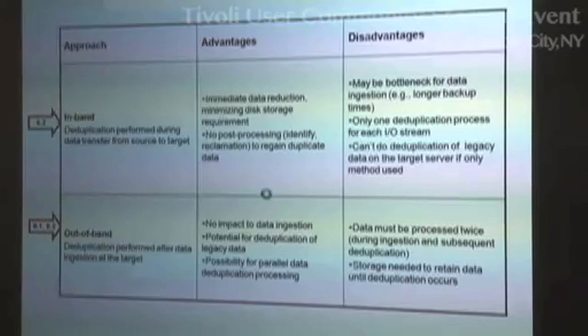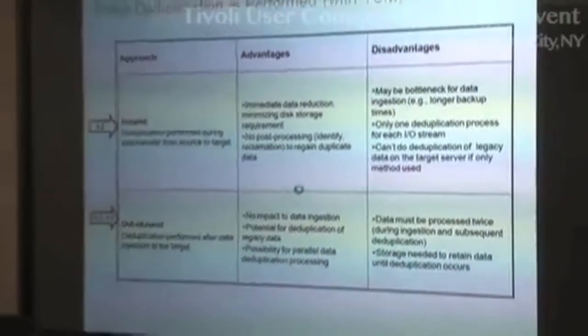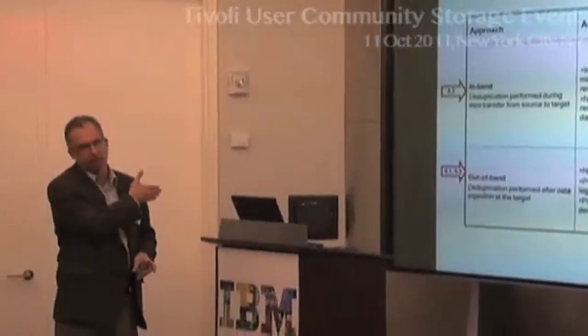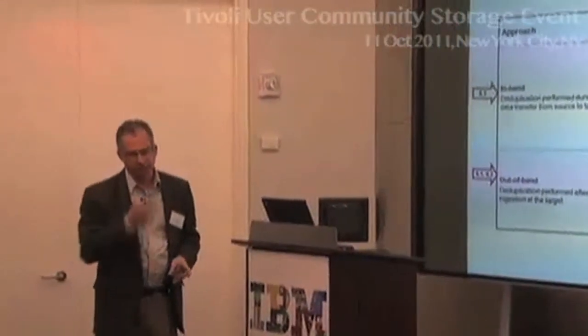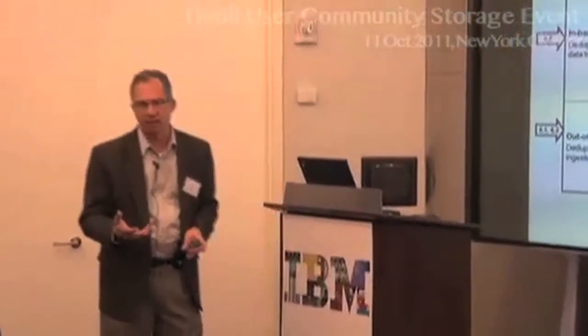The out-of-band approach is the server side, where the data lands on disk and then we run what's called the identify process. So typically what we like to do is make that landing zone very fast disk, like 15K SAS or Fibre Channel, because what happens with the identify process is you're reading these blocks very fast, and if you're on the slower SATA 7200, it slows down.